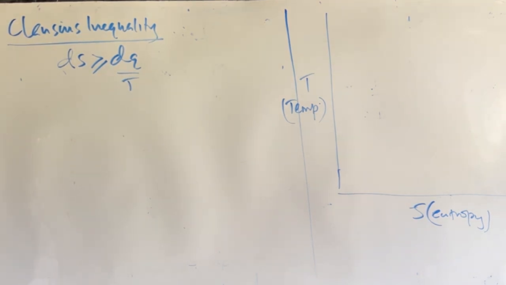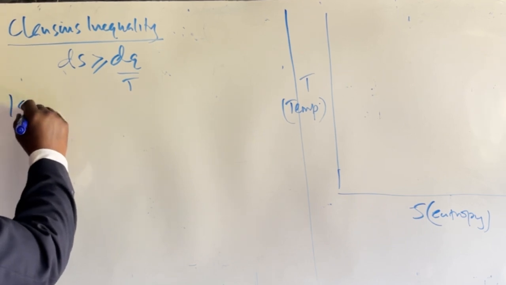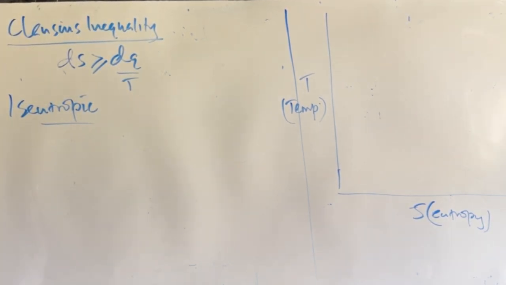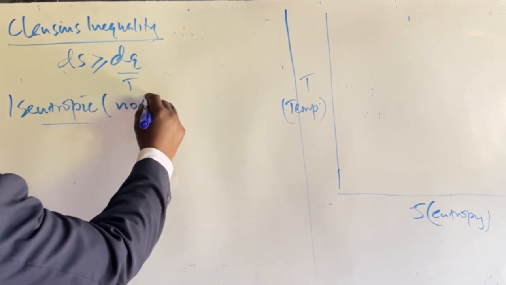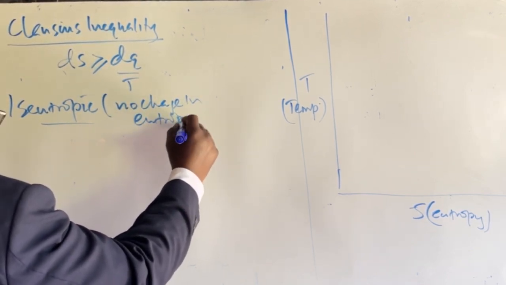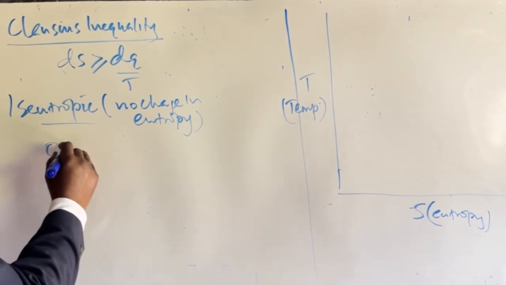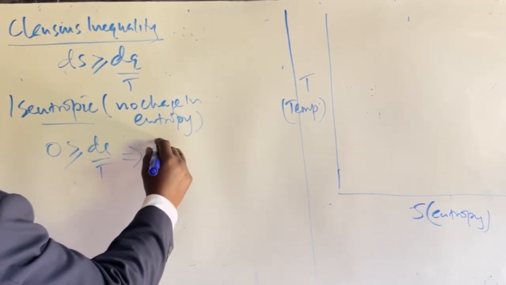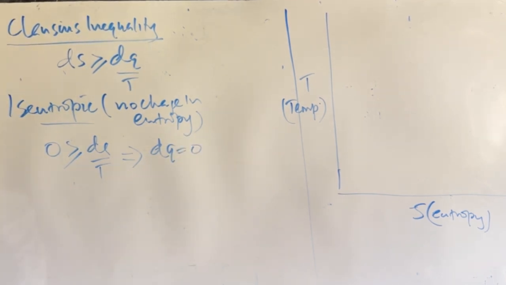So when you are dealing with an isentropic process, where there is no change in entropy, then 0 ≥ dq/T, which implies that dq is 0. Normally it's adiabatic. So if work is done under isentropic conditions, most likely it's also adiabatic. Very important for us to note that.